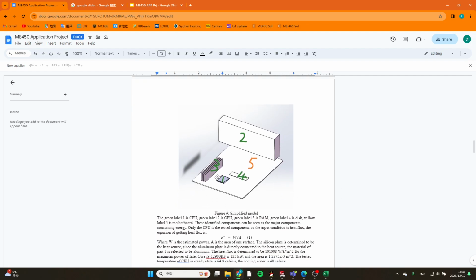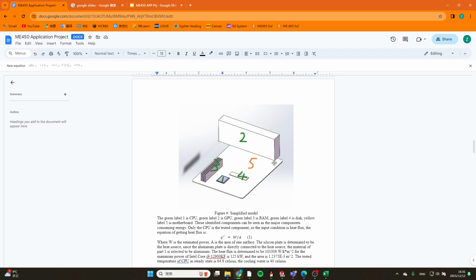Also for RAM and disk, these two components generate heat, but naturally their temperature is high due to the poor heat dissipation of themselves. So it's still set to be a constant temperature with a poorer convective surface, as well as the motherboard.